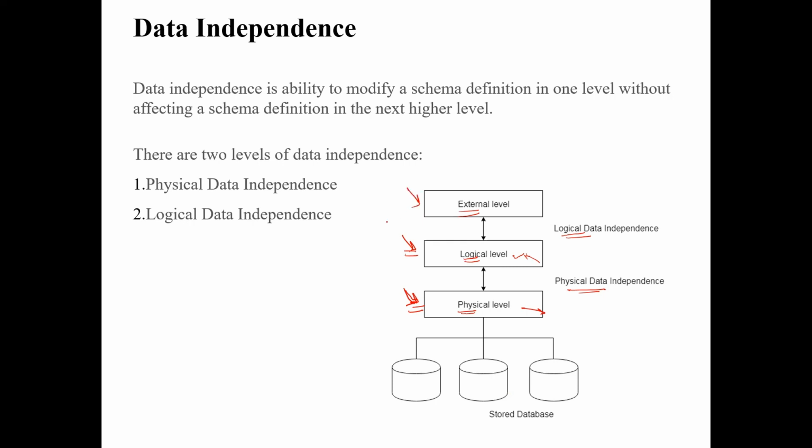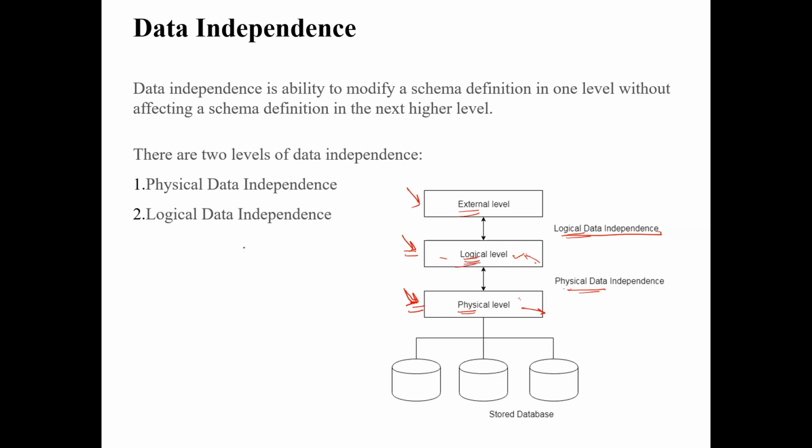So there are two types of data independence. One is physical data independence, which is between the physical and logical level, and logical data independence, which is between the logical level and external level. Okay. So if I change something in the physical level, then there should not be any effect on the logical level.